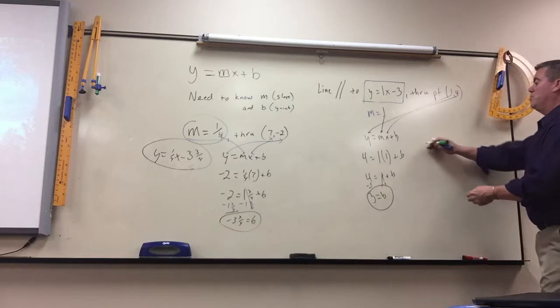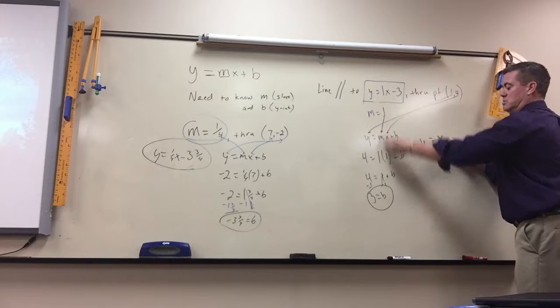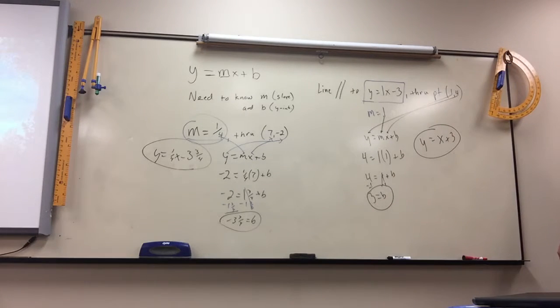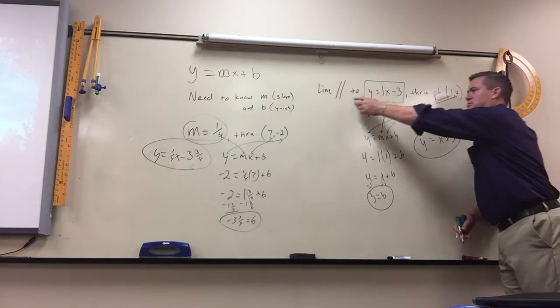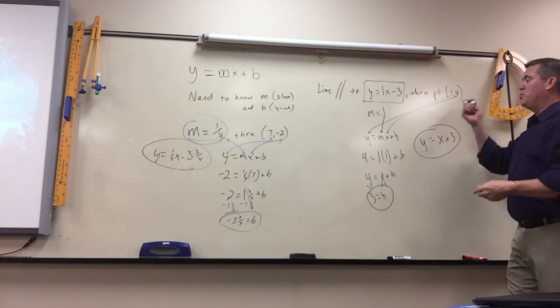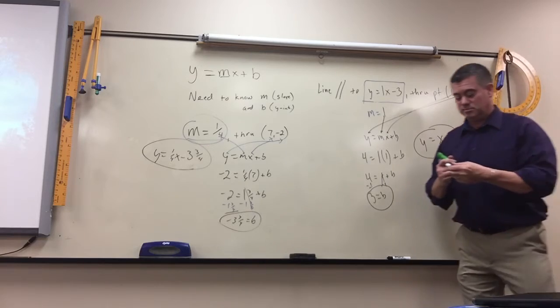So the equation would be y equals 1x, which is just x, plus 3. Okay, there's a few of them where they say like this. Find the equation of the line parallel to this through a point. Everyone got it? I got a question.